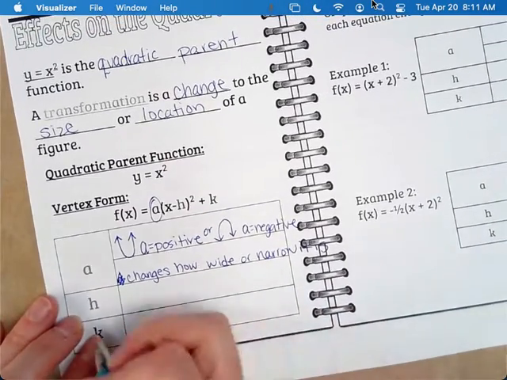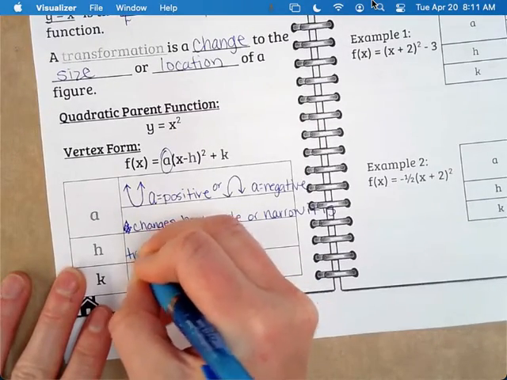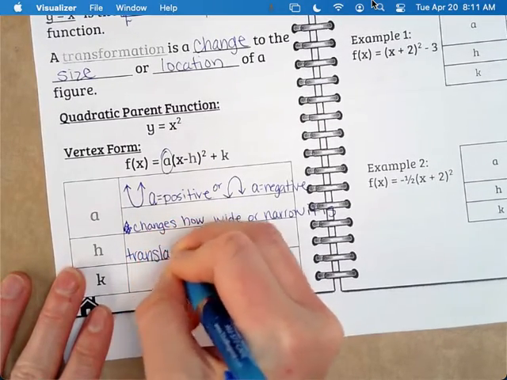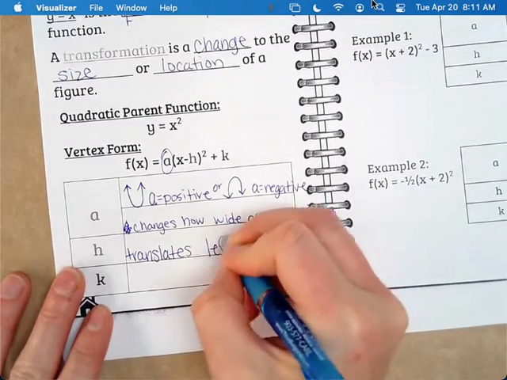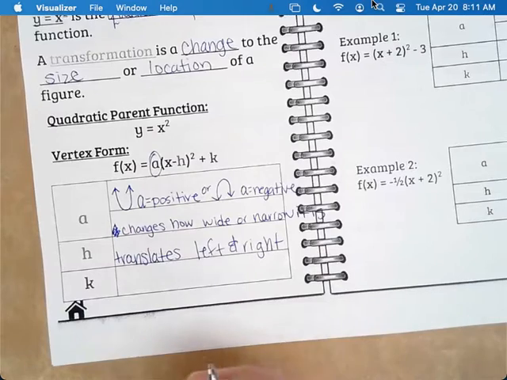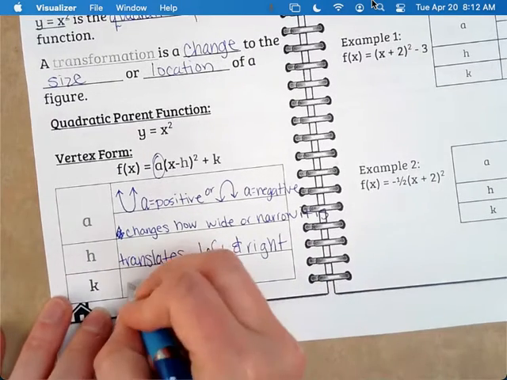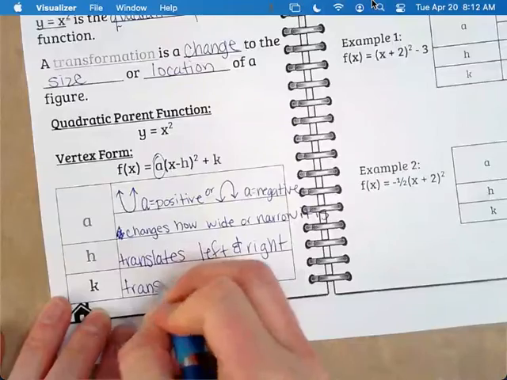H moves it left and right. And then k translates it up and down.